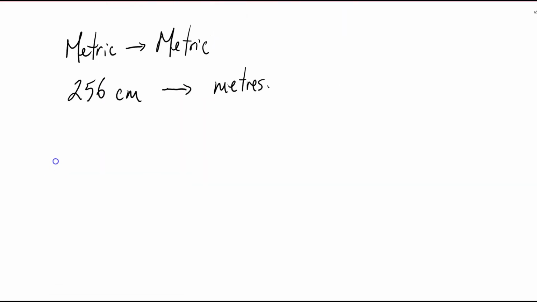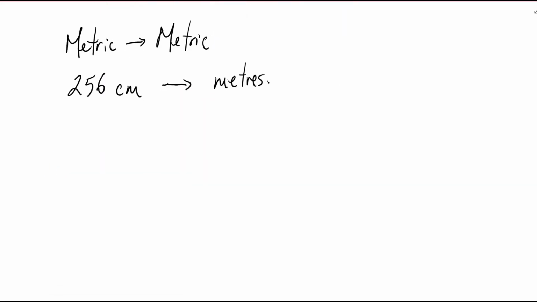Now let's take a look at an example that is metric to metric. So we're going to convert 256 centimeters into meters. And remember, over here we've got meters, and then we have decimeters, and then we have centimeters and millimeters on this side of the scale. And going this way, we need to multiply. Going this way, we need to divide.